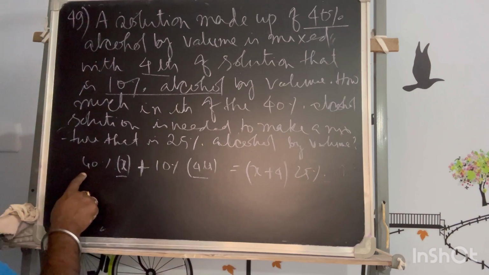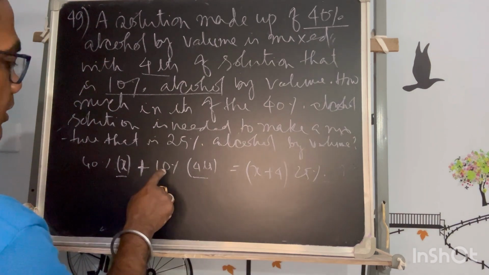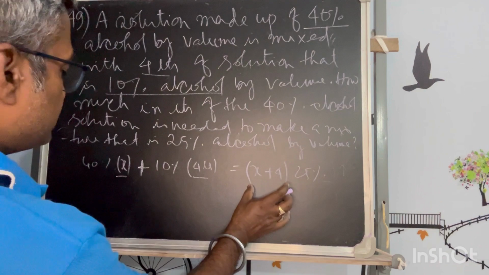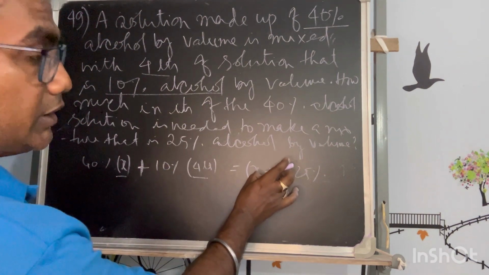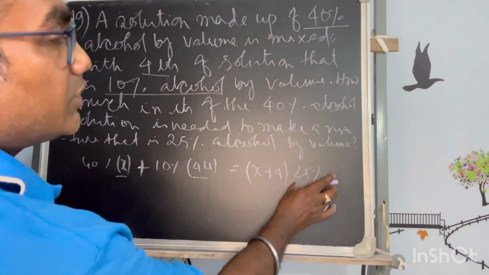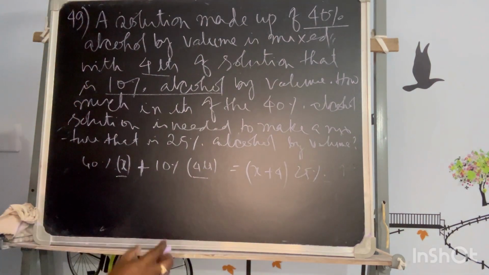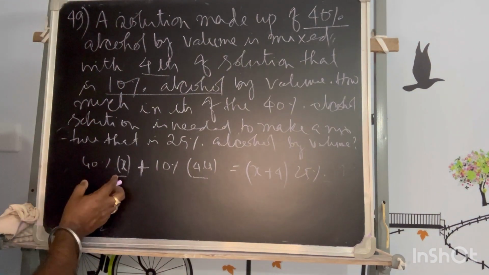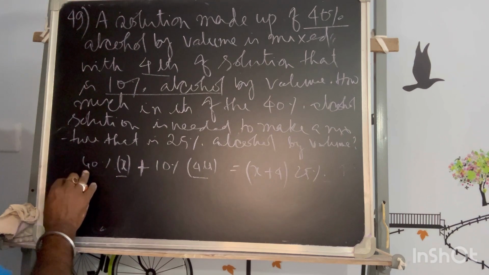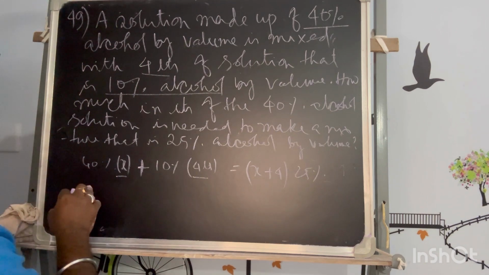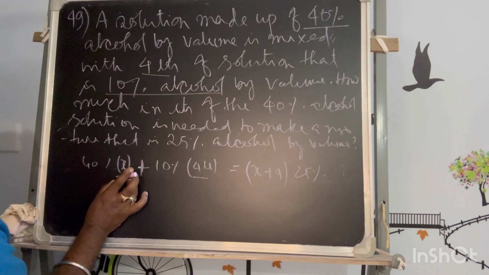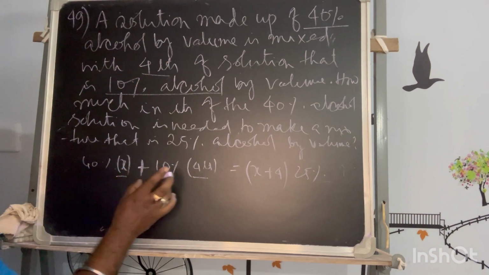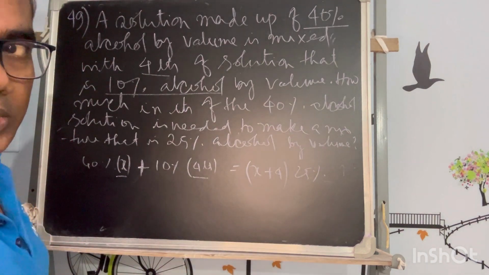So this will be the equation: 40% of X liters of solution, plus 10% of 4 liters of solution, and the solution will become X plus 4 liters of 25% alcohol, because we are equalizing the alcohol being mixed. Okay, so this 40% means the alcohol percentage here. This is alcohol. So if we equalize the alcohol in the physical amount of volume, then that will be equal in both cases.